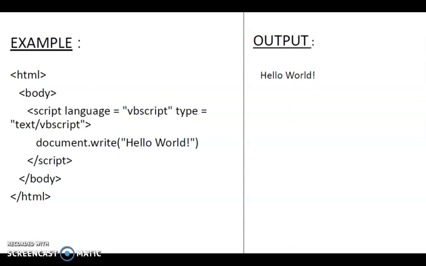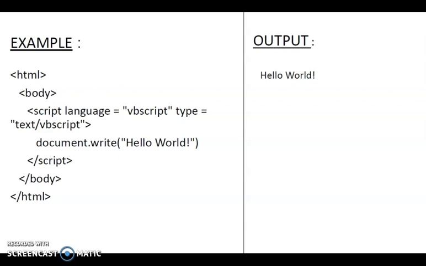So you can see I first open the HTML code and then the body tag is opened. In between I will mention the script language. The script tag has two attributes: the first is the script language and the second is the type of script. Here my scripting language is VB script and the type is text/VB script. Then I'll mention document.write, that is Hello World, and then the script tag is closed.